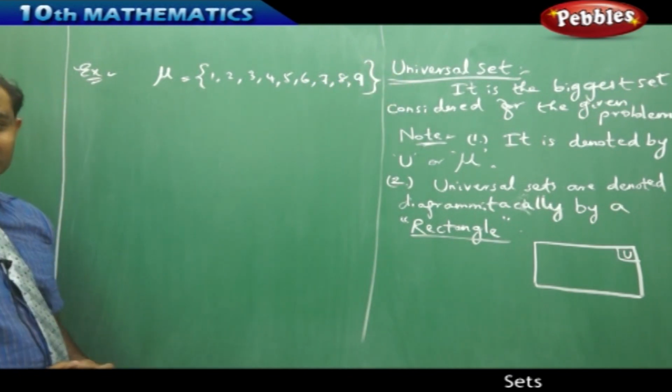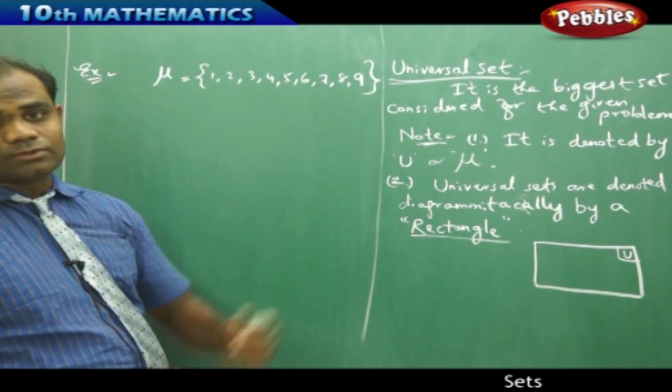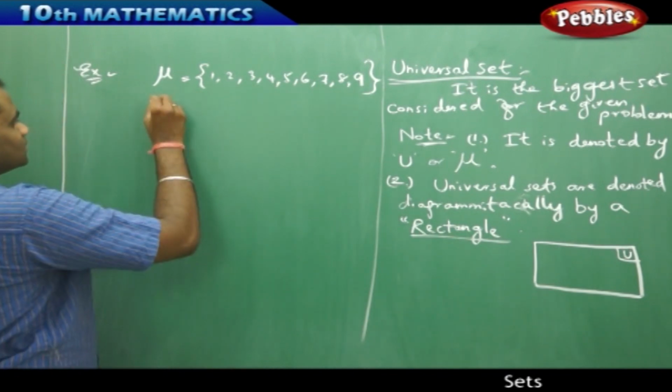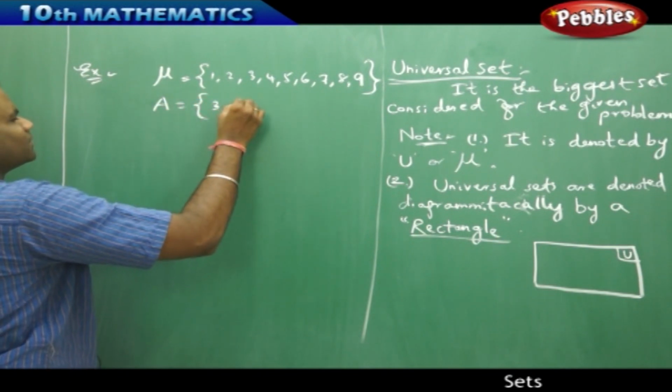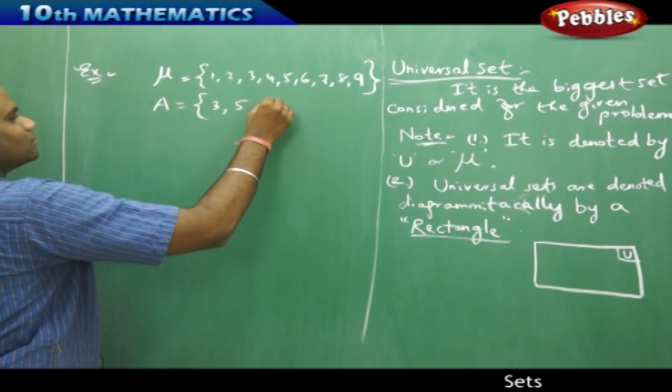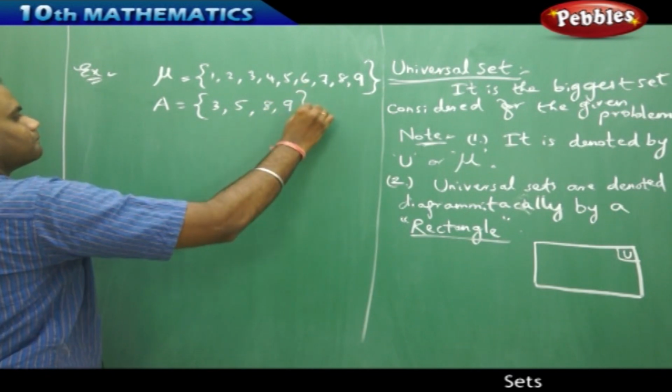Now I have the universal set with numbers ranging from 1 to 9 in order, and then say I have the set A with values 3, 5, 8, 9.